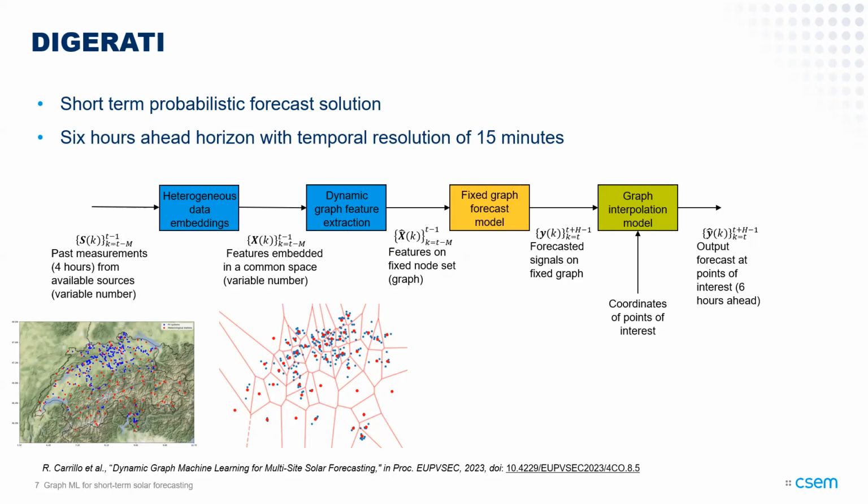And based on this clustering, we have a centroid assigned for each cluster. And based on the local topology of each cell, for example, we create a subgraph, and based on this subgraph, we extract the relevant features for the nodes that are available at that time stamp.